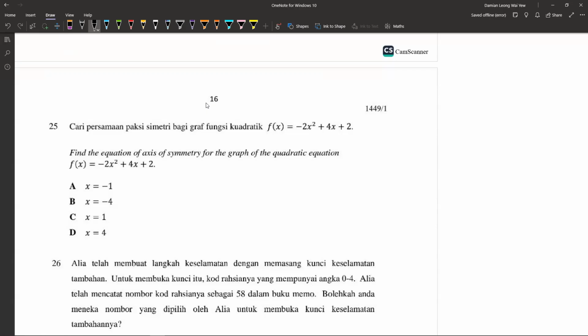One is we try to factorize and solve, then you find the midpoint. The easier way is by remembering this formula: x equals negative b over 2a. So negative 4 over 2 times negative 2, which will give us 1. So x equals 1. Answer C. Just like that. So it's very, very simple actually.